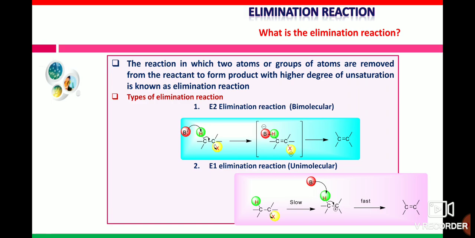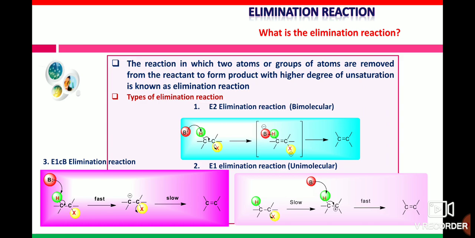It is a unimolecular reaction. Then consider the third mechanism, E1CB elimination reaction. Elimination proceeding through conjugate base. In this reaction, in the first step, base abstracts the beta hydrogen and a negatively charged intermediate is formed. That is the carbanion, which is the conjugate base of the starting substrate.